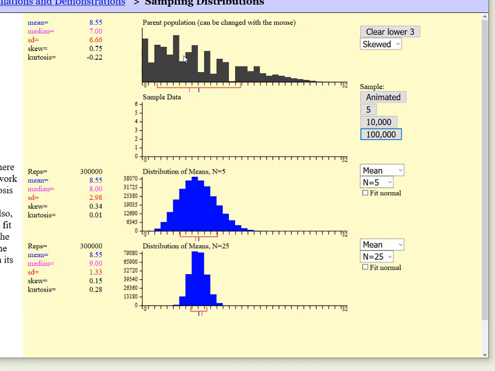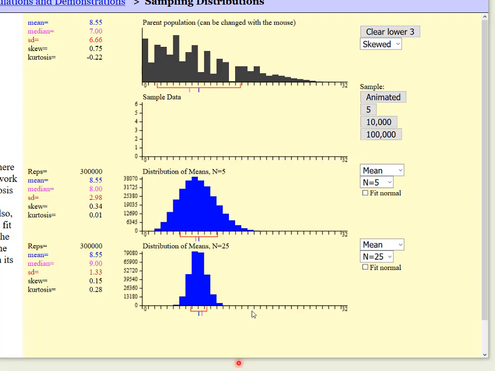As long as you do the sampling properly and get a random sample, whatever the underlying population, the distribution of the sample mean becomes quite normally distributed as long as you have a big sample size.